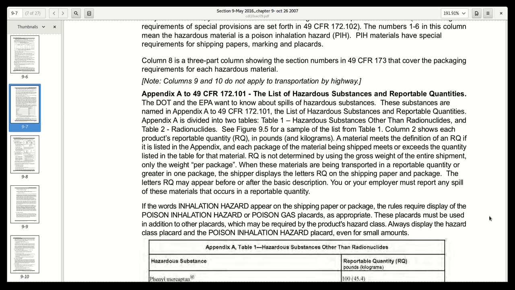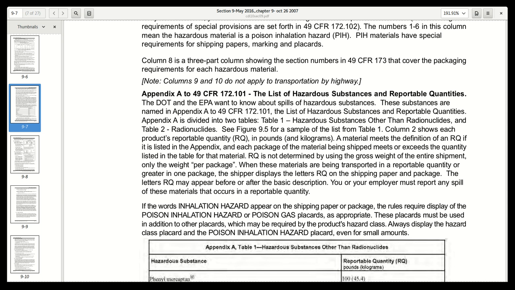See Figure 9.5 for a sample of the list from Table 1. Column 2 shows each product's reportable quantity, RQ, in pounds and kilograms.